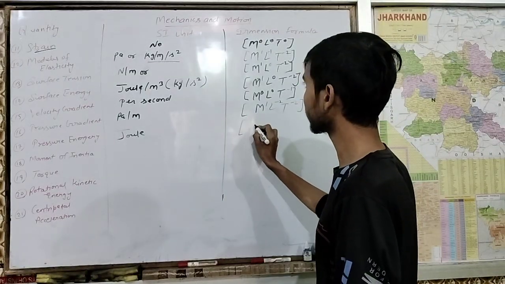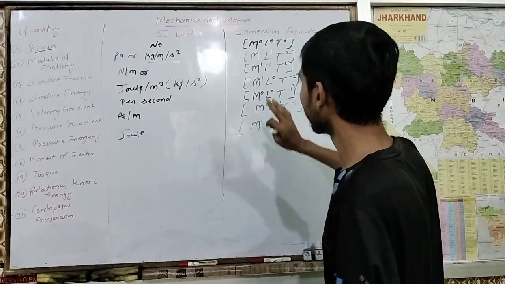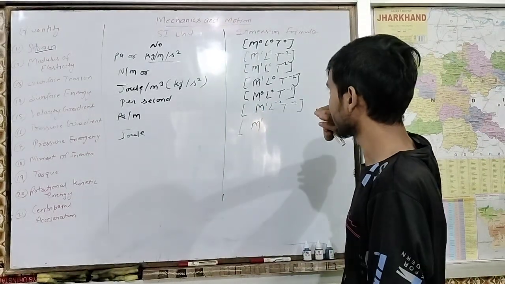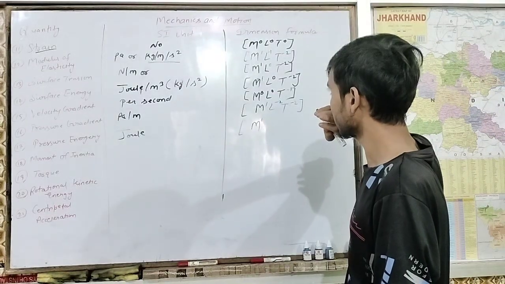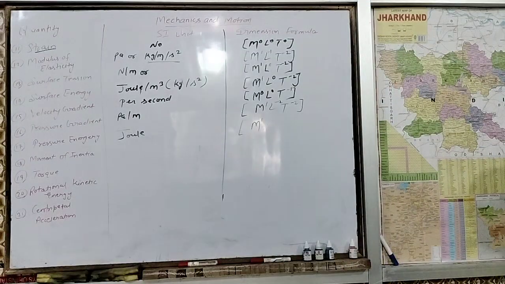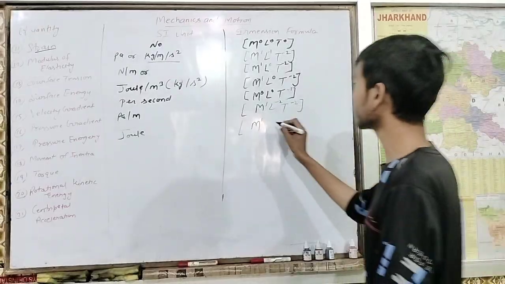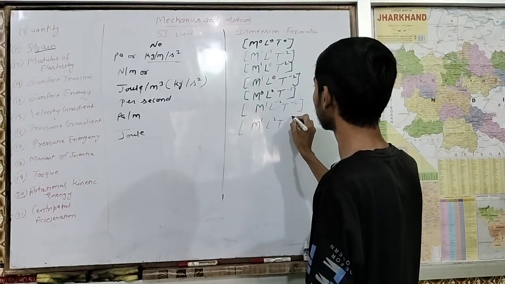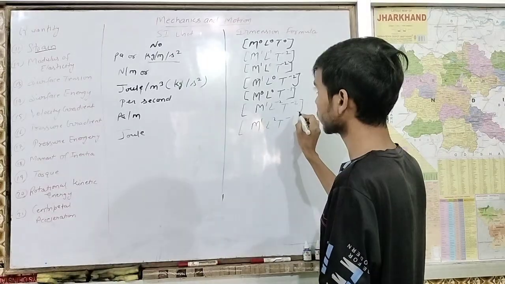So M would be 1, L is 2 and T is minus 2.